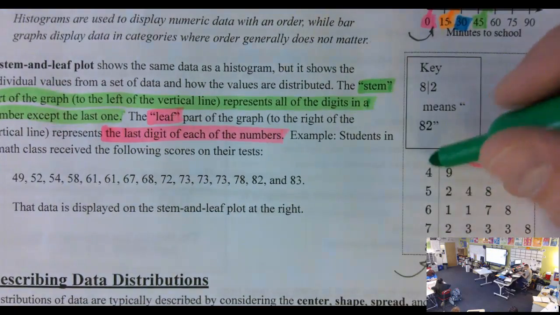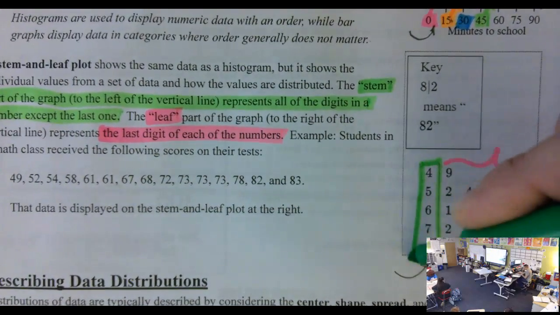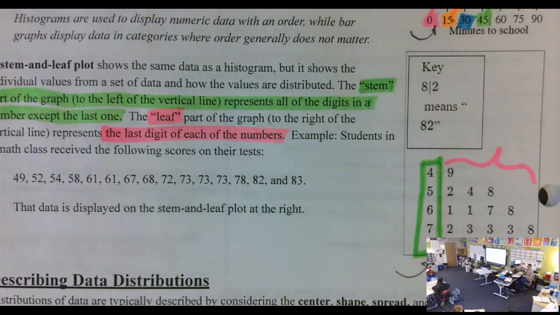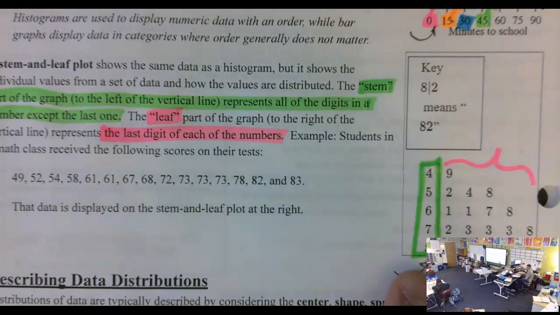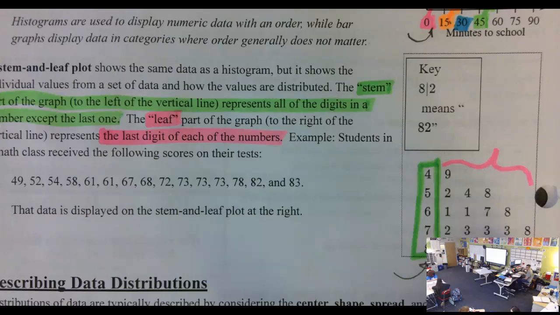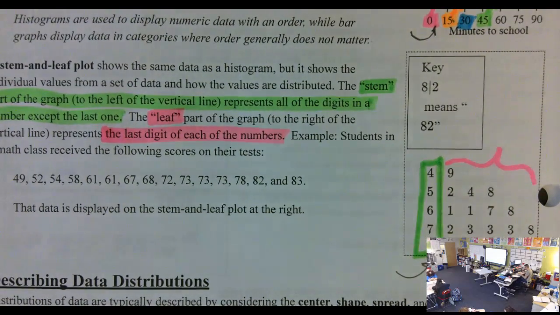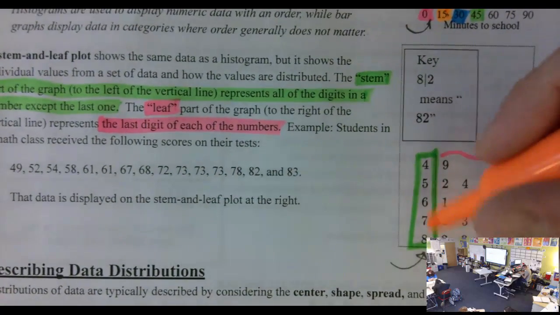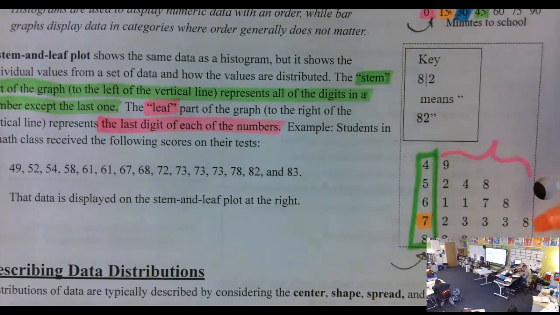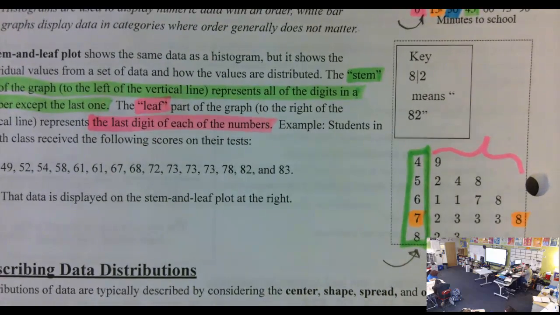So a lot of times we're using the stems as just the tens place, because sometimes it includes the hundreds place. Sometimes it includes the thousands place. But what always stays the same is the leaves. Those are always the ones place. So guys, if I highlight this 7 and this 8, what number actually is that?